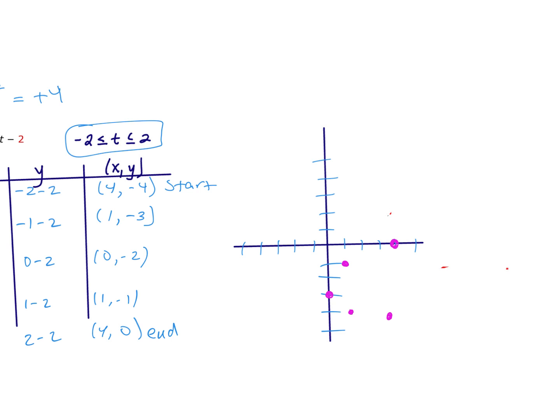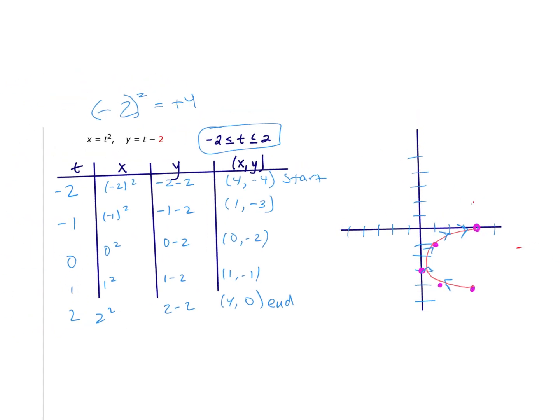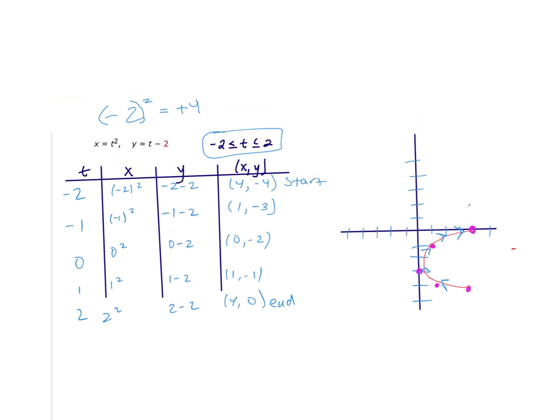So again, this might be helpful for you to see, okay, I'm starting my connecting here, and I'm going to end it here. So my arrows should be going in this direction. Everybody with me? This is what I need to see tomorrow when you guys are graphing.